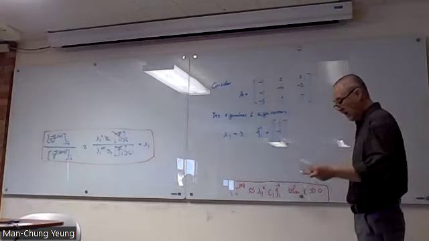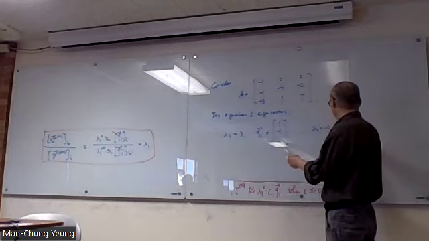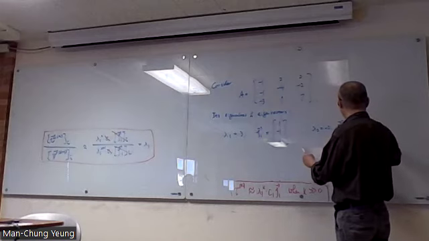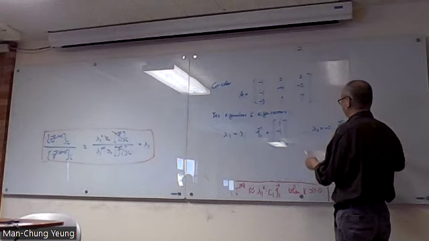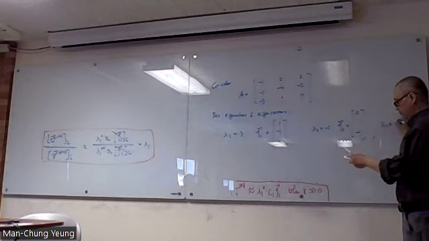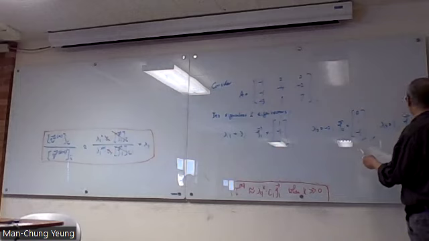The other two eigenvalues: lambda 2 is negative 2, eigenvector is 0, 1, negative 1. The third eigenvalue, lambda 3, is 1, so psi 3 is negative 1, 1, negative 2.